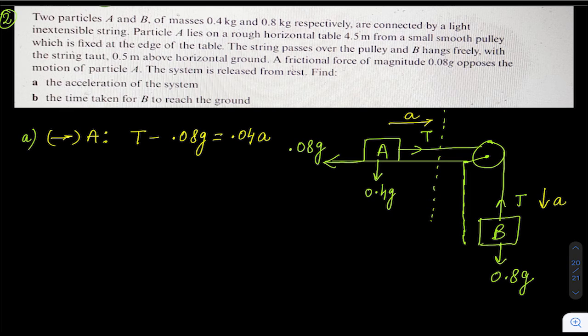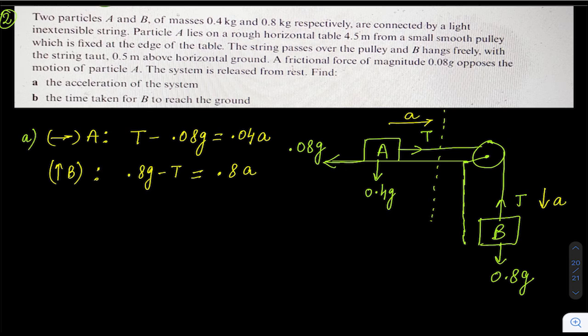Now similarly we can write for B in the vertical direction, because B is moving only vertically. We assume that it is going downwards, so net force downwards is 0.8 g minus tension is equal to mass into acceleration. So these are the two equations.